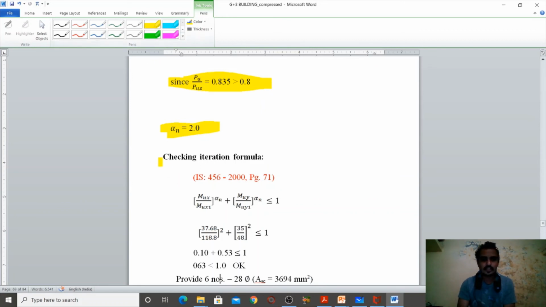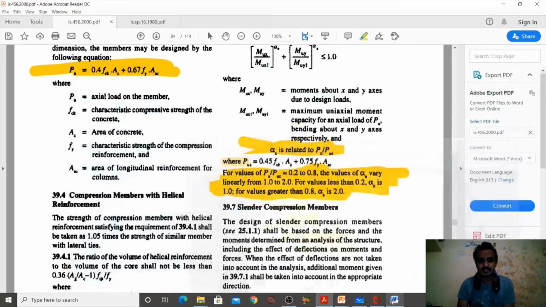Now we have to check the interaction formula, IS 456 2000, page number 71. Look here, here is a graph: MUX divided by MUX1 raised to alpha n plus MUY upon MUY1 raised to alpha n.